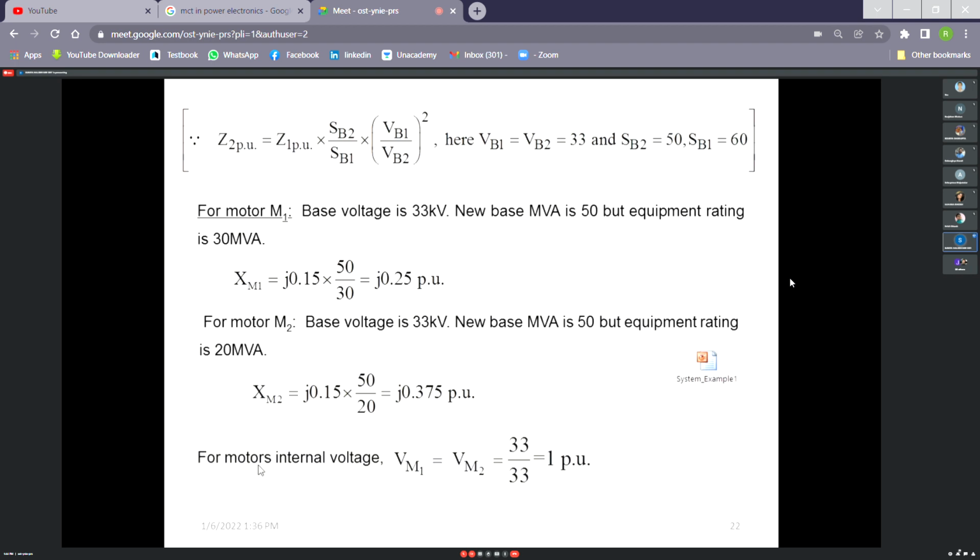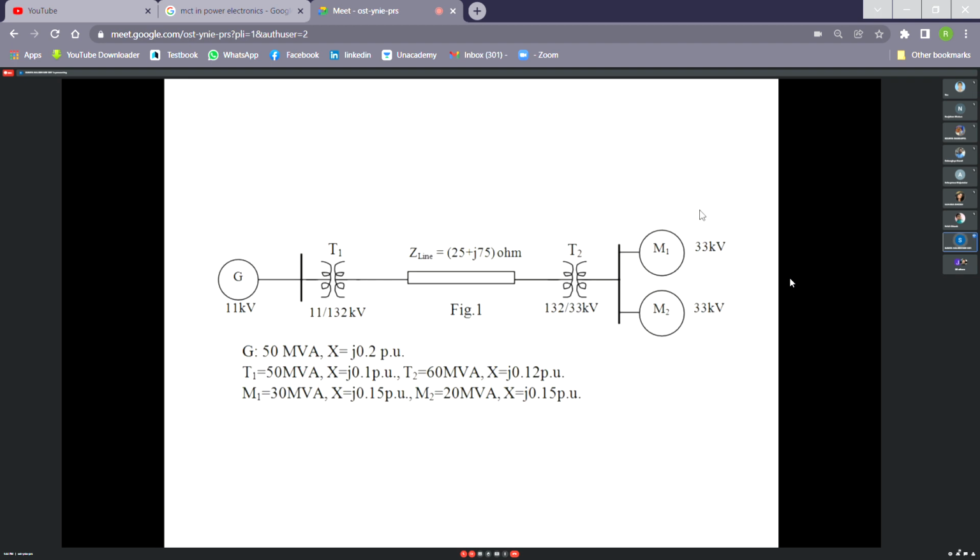Now, regarding motor internal voltage, I must mention that when we do this type of single line diagram, we always assume all the motors are synchronous motors, not induction motors. Synchronous motors means again voltage behind transient reactance or synchronous reactance, so there will be a motor induced EMF. Why synchronous motors? An induction motor does not contribute anything when there is a fault, because an induction motor is a passive device.